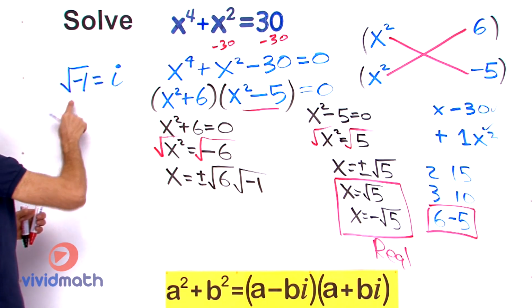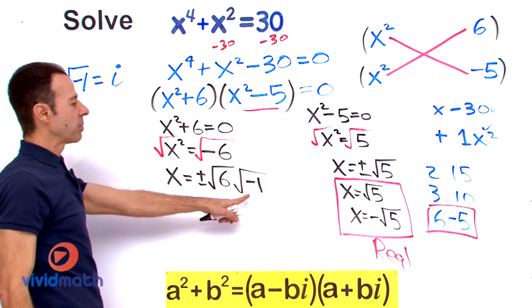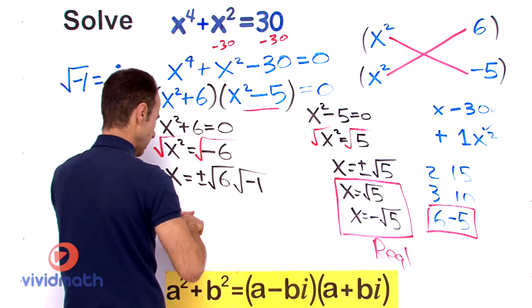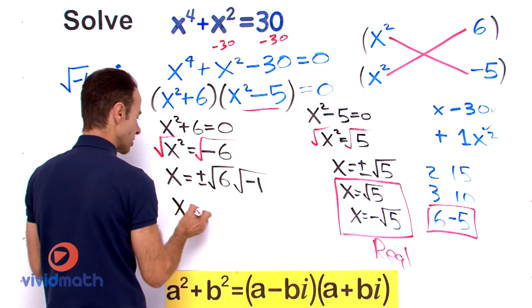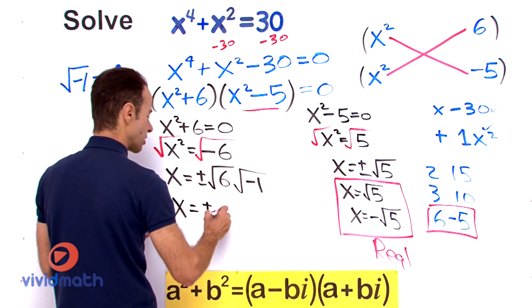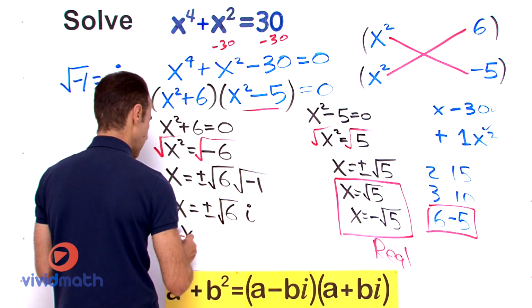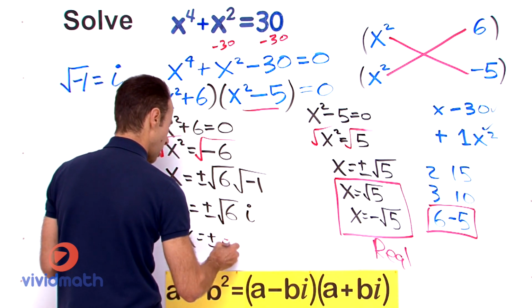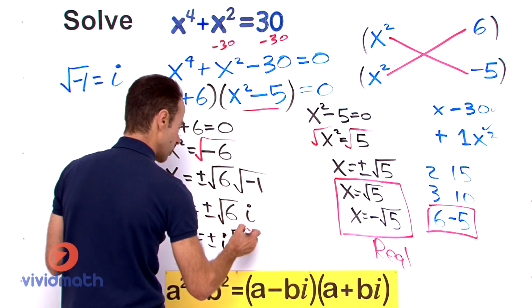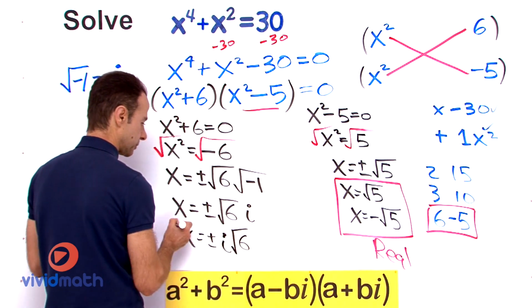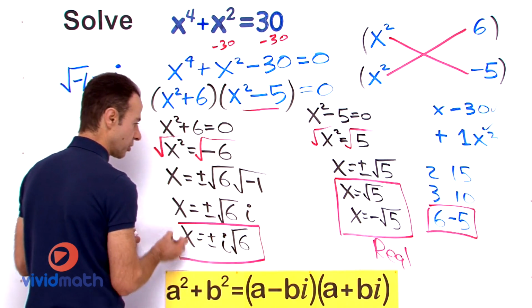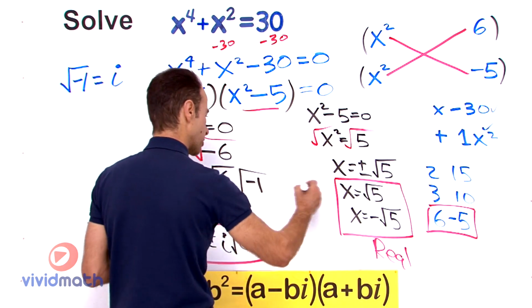The imaginary unit i equals the square root of negative 1. So we can replace that with i. So that's going to equal, x equals the solutions plus or minus, these are the roots, square root of 6 i. Or you could write it, x equals plus or minus i root 6. So there's two solutions. Again, I'll write them here next to it.